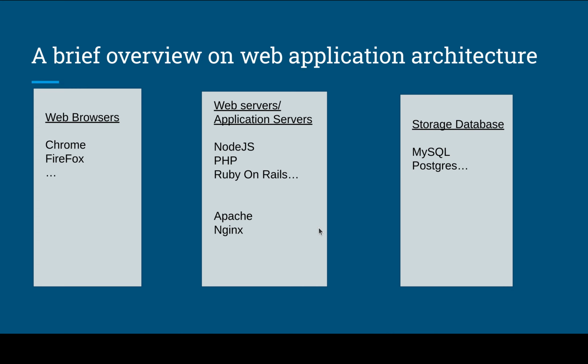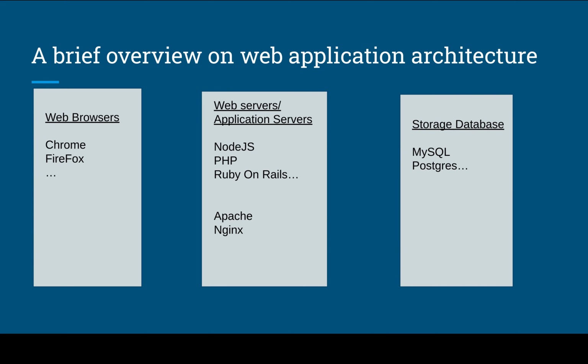I'll just come again. Like I said, Node.js, PHP, Ruby on Rails are frameworks that we use for the backend of web applications. The user does not interact with the backend directly.